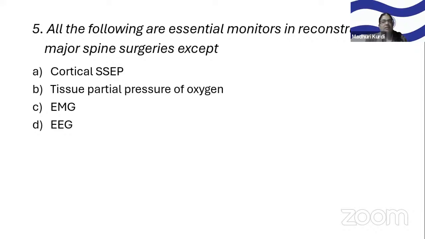All the following are essential monitors in reconstructive major spine surgeries except: cortical somatosensory evoked potential, tissue partial pressure oxygen, EMG, EEG. You can guess. The correct answer is B, tissue partial pressure oxygen.